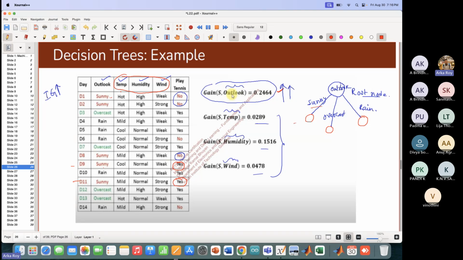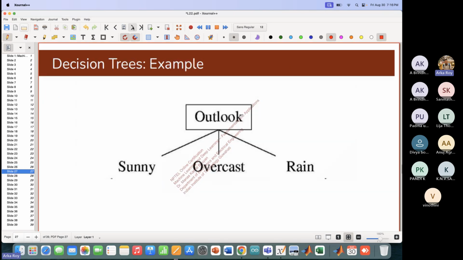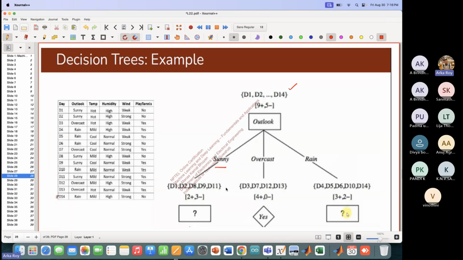So in these nodes, there will be either temperature or wind or humidity. Now, how to choose them? Again, what you have to do? So over here, what I have already said is that if you choose Outlook as sunny, you can see there are two results which tell you to play tennis, and three results which tell you that you should not play tennis.